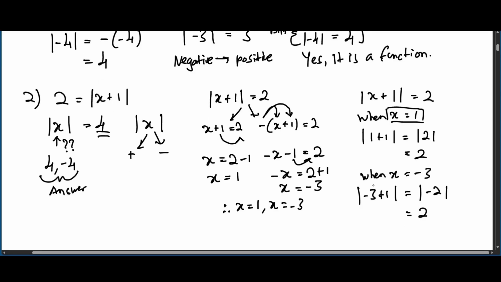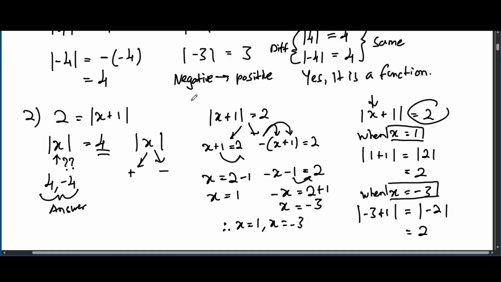Both of the x values will definitely result in 2. So making x equals to 1 and x equals to -3 an answer for this function. Alright, so that's how you solve for absolute value algebraically. Okay, so that's the second point.